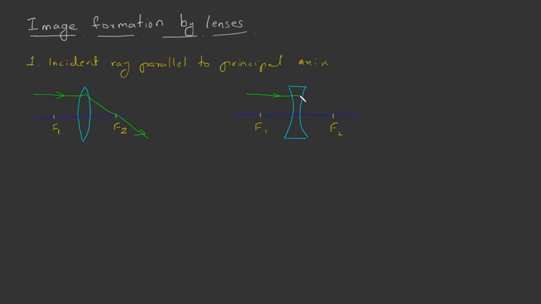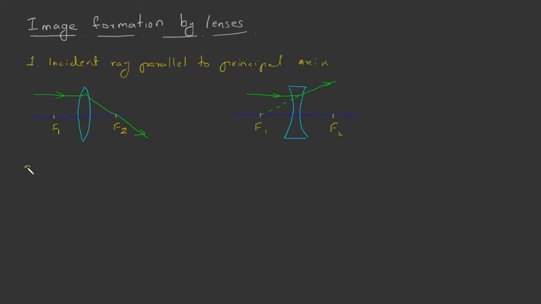For a concave lens, this ray will diverge such that it appears to be coming from the principal focus located on the same side of the lens. So this is one ray we are going to consider for drawing ray diagrams of lens. That is the incident ray parallel to the principal axis.